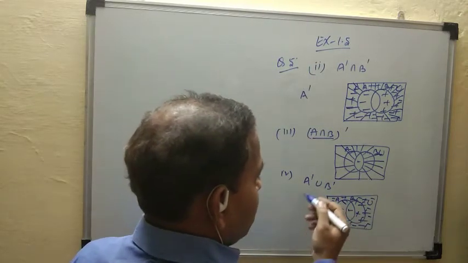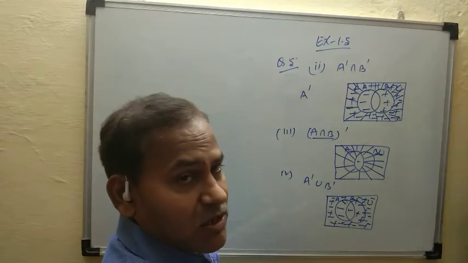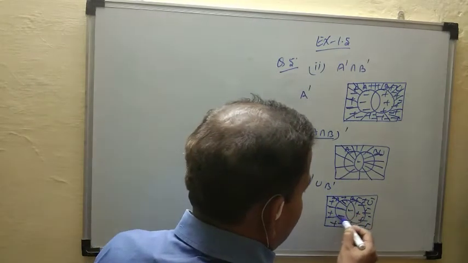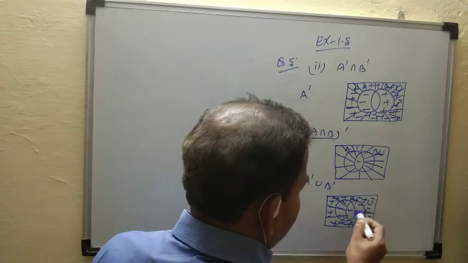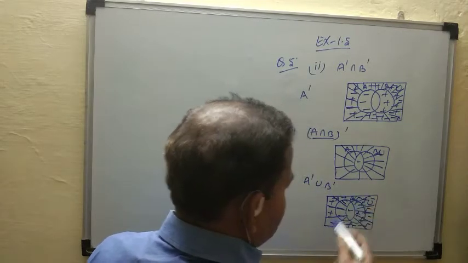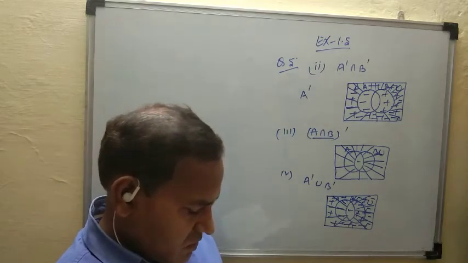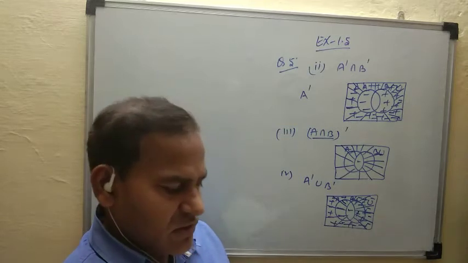So the Venn diagram of A dash union B dash combines all the signs, plus or minus. So this is the Venn diagram of A dash union B dash. This is completed, and 6, 7 are easy, you try them.